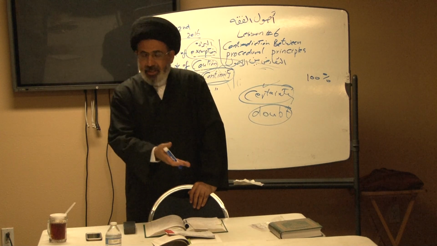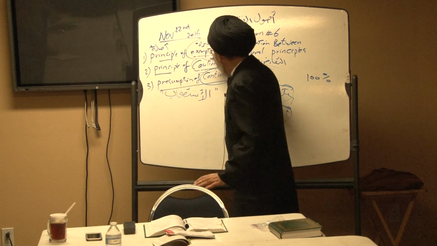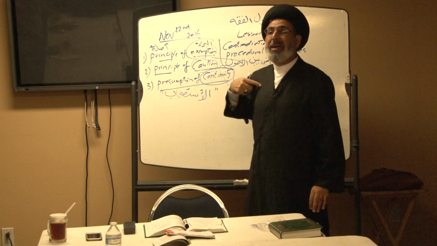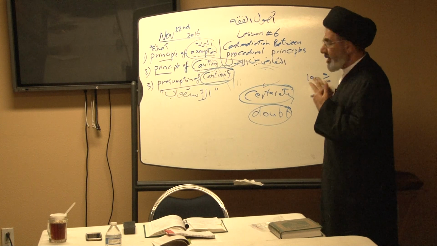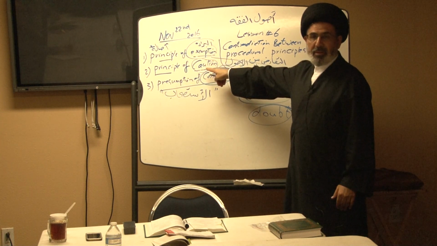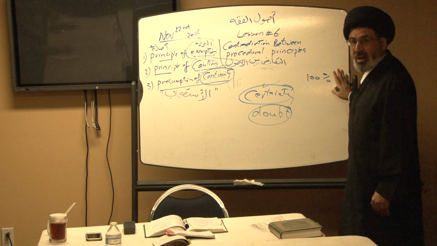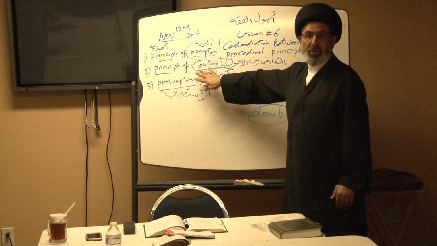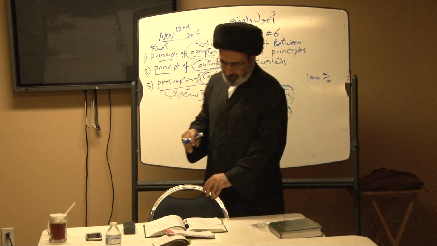It could be yes, it could be no. I can't say through these procedures that I am certain. I can say through the evidence I am certain, but not this. These are dhann. This is qat'. This is dhann. Okay? And the dhann is not certainty.